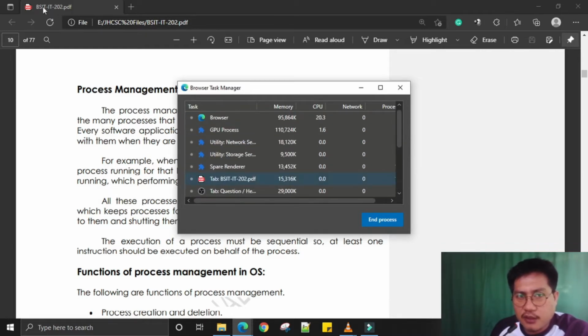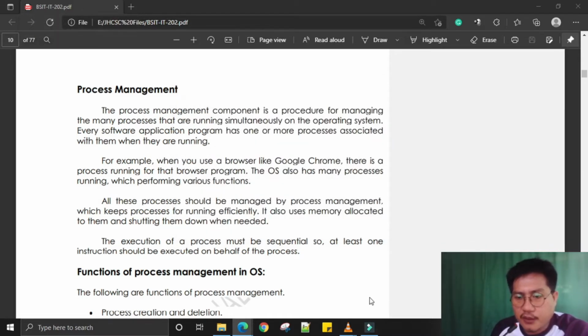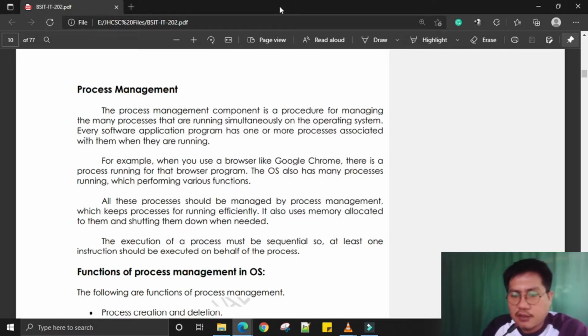While as you can see, I only have one tab, but the system task manager has shown us different processes. Some of those are the system processes and the plugins. So these plugins could have an actual sub-process in the system.